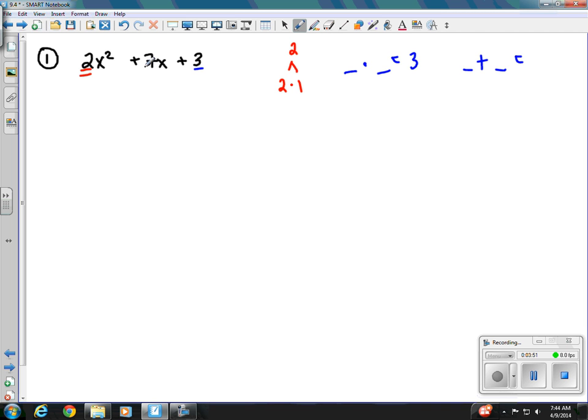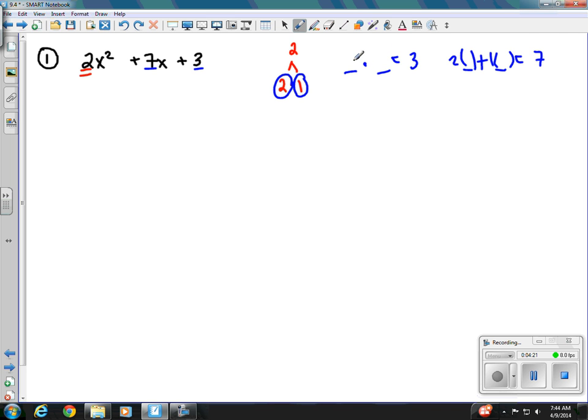And that is 7. Now with this one, we're going to have to play around with our answers a little bit, because now I'm going to have to take my factors of a, 2 and 1, put them over here on my addition step. 2 times and 1 times. Oh, 1 goes on the outside. 2 times, 1 times. There we go.